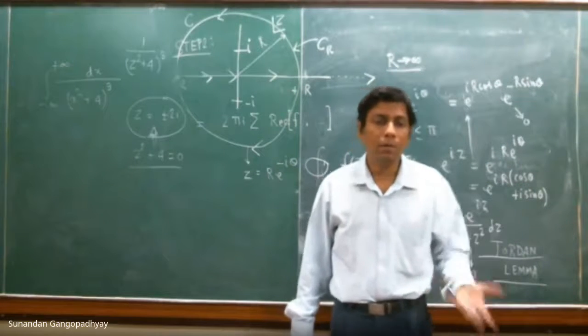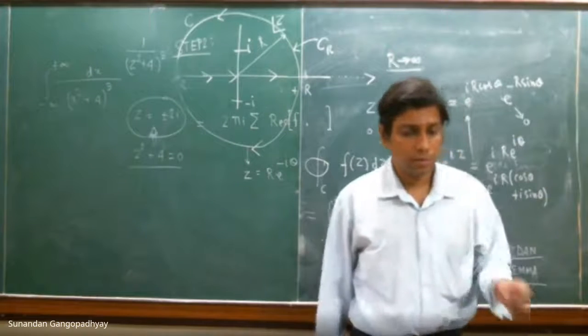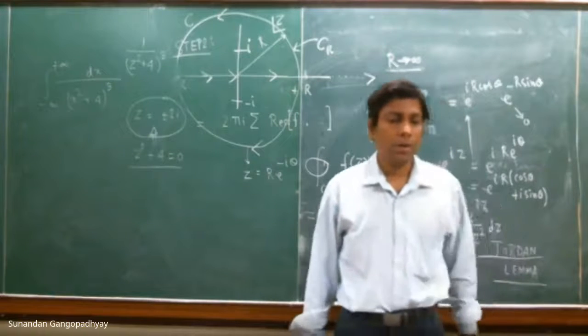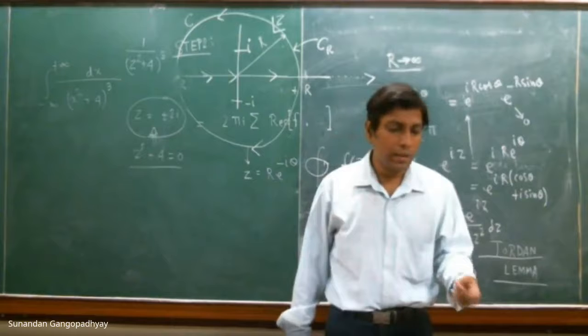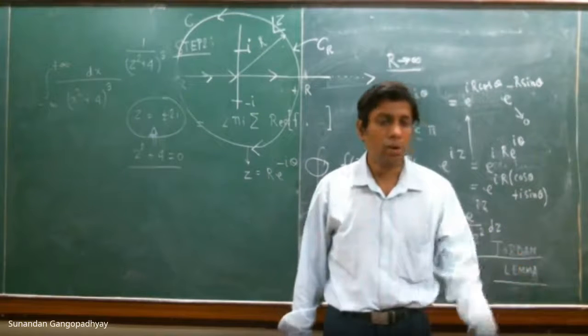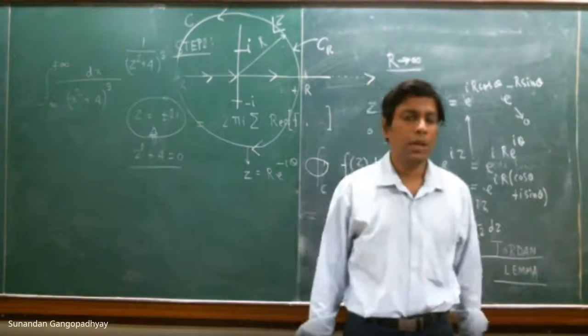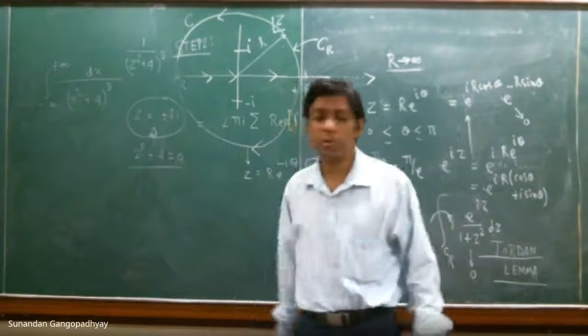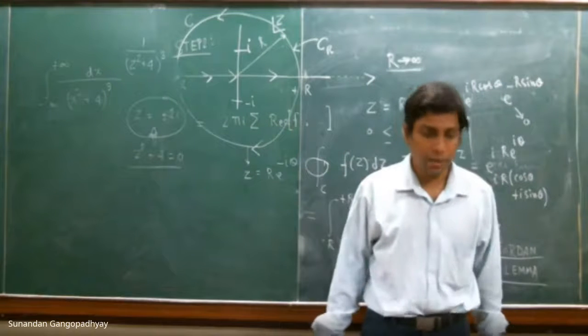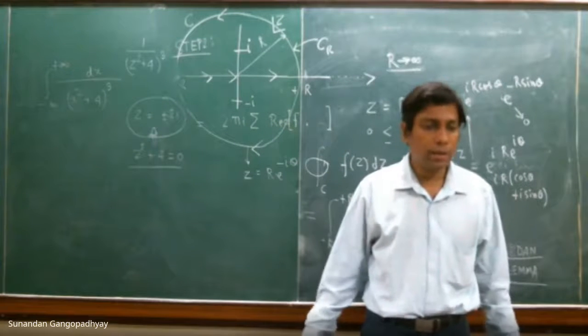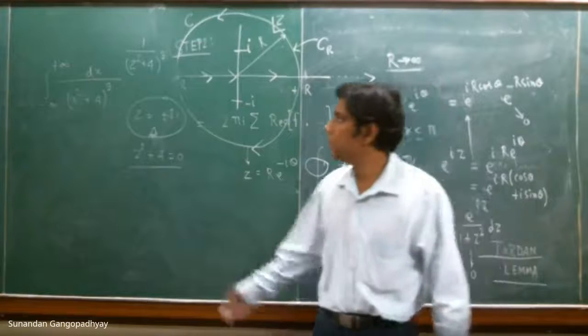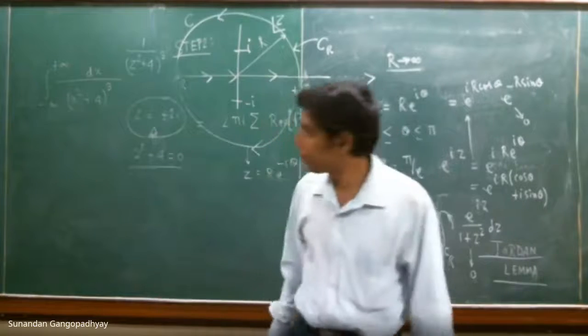And you know how to calculate the residue at the poles of any order k. So you use that formula and you can calculate the residues at plus 2i and minus 2i. And once you have calculated that, it is easy to evaluate this integral.